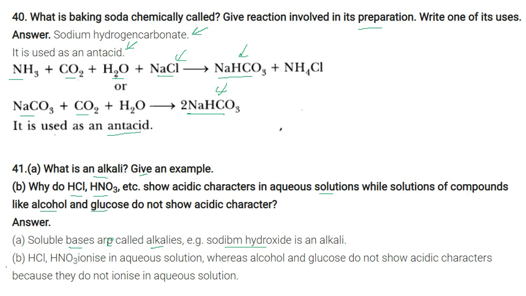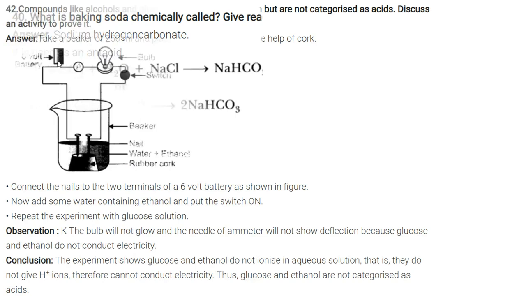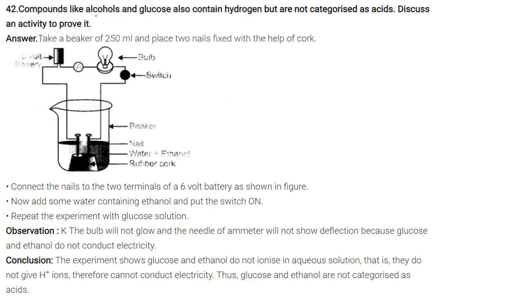The reason is HCl, hydrochloric acid, and HNO3, nitric acid, ionize in aqueous solution, while alcohol and glucose do not show acidic character because they do not ionize, they don't form ions, because it is necessary to show the acidic character in aqueous solution. Compounds like alcohol and glucose also contain hydrogen but are not categorized as acids.